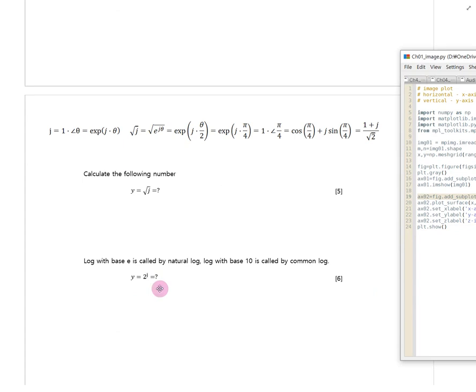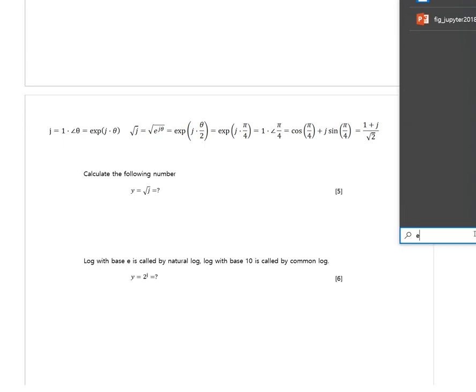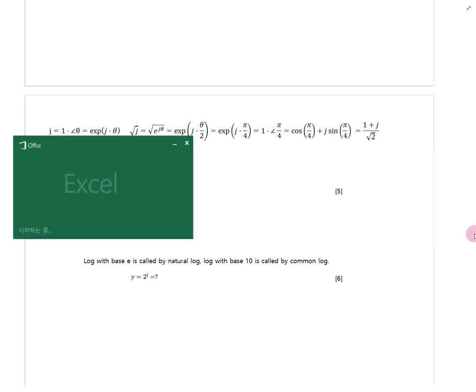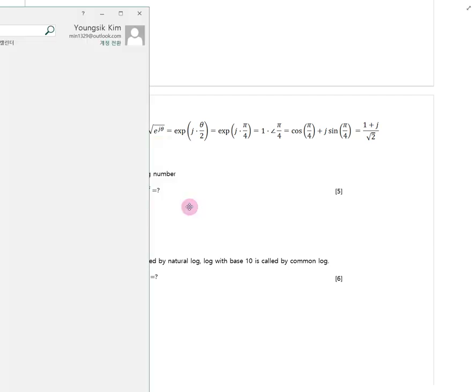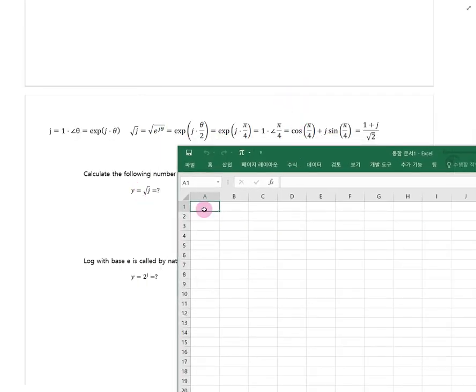I said that any complex exponent is related to sinusoidal functions. Okay, and the same thing you can do in Excel. In the case of Excel, the complex number can be accessed by using the prefix im, for imaginary. So if you would like to calculate this one, IMSQRT of "1j". Okay, this is better.